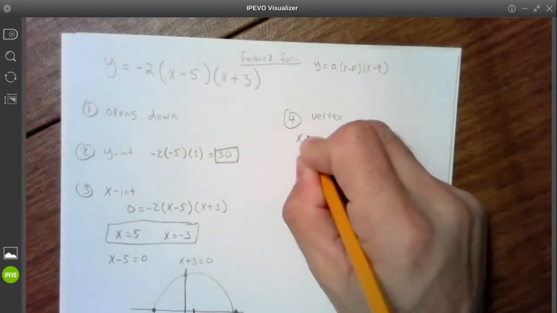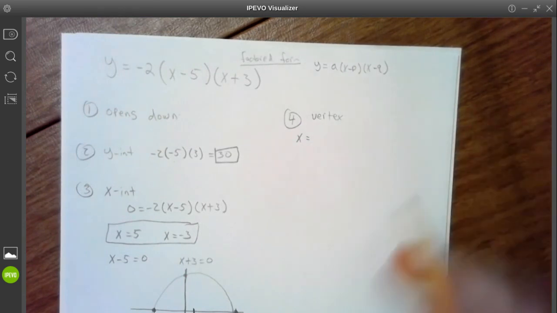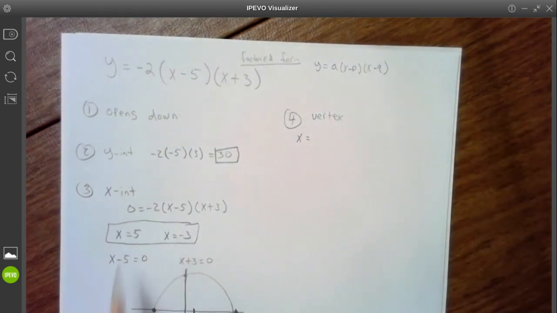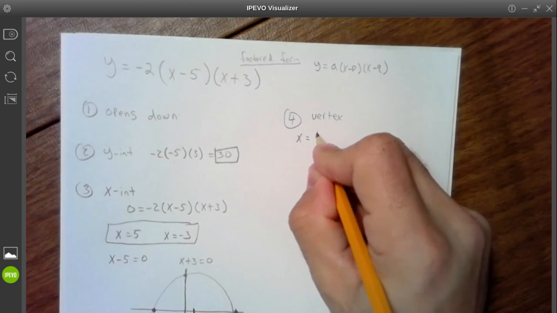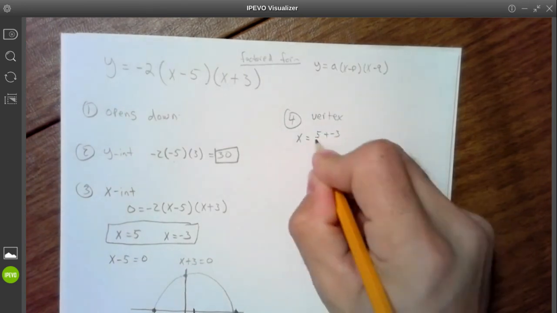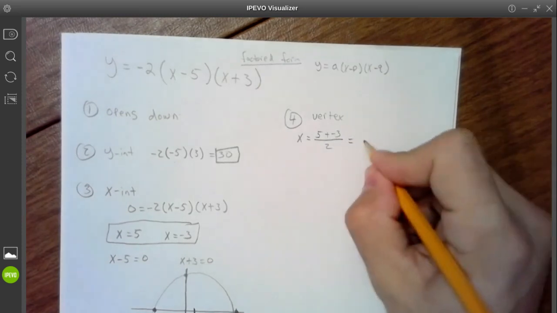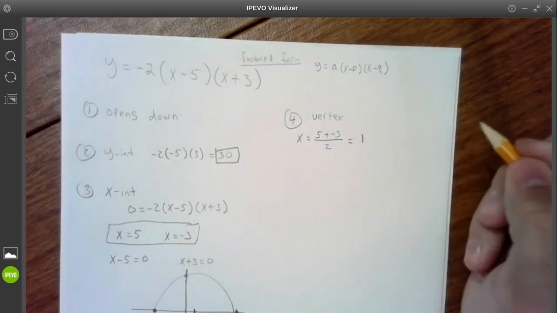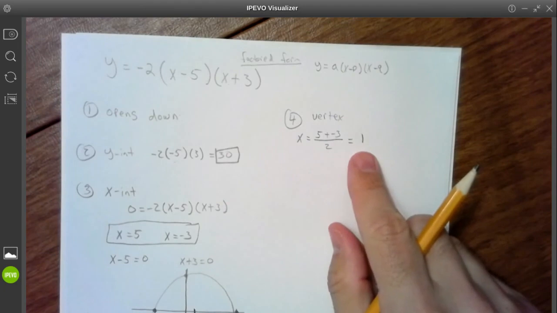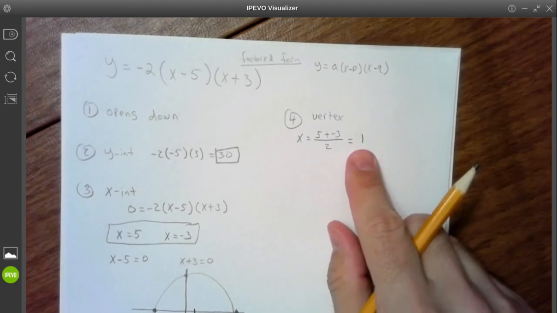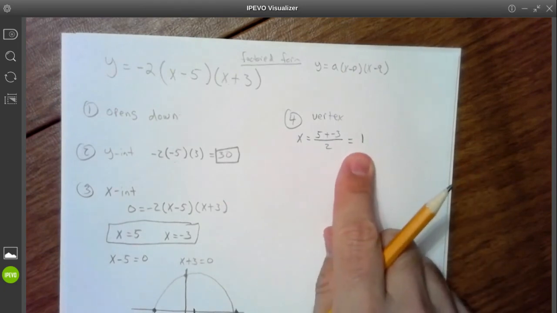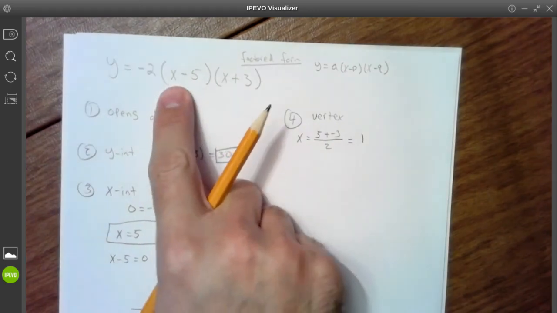To figure out the x value, I'm going to add these two up and then divide by 2. So I'll do 5 plus negative 3 divided by 2, and that's going to tell me the midpoint. That's equal to 1. And then the idea is that if you have your x value, you can figure out the y value by just plugging in your x value.